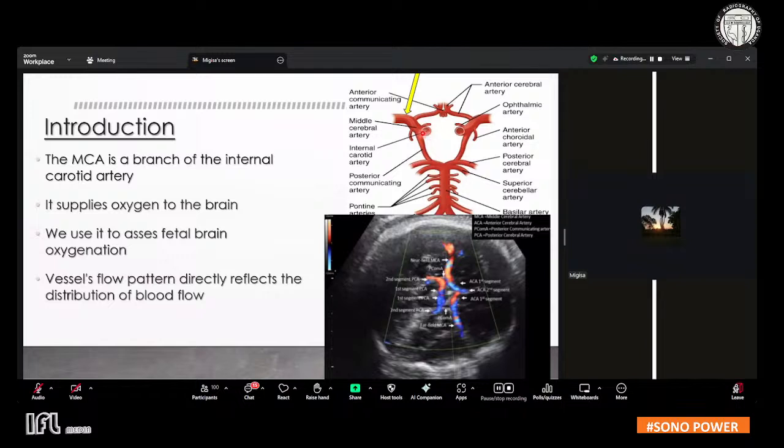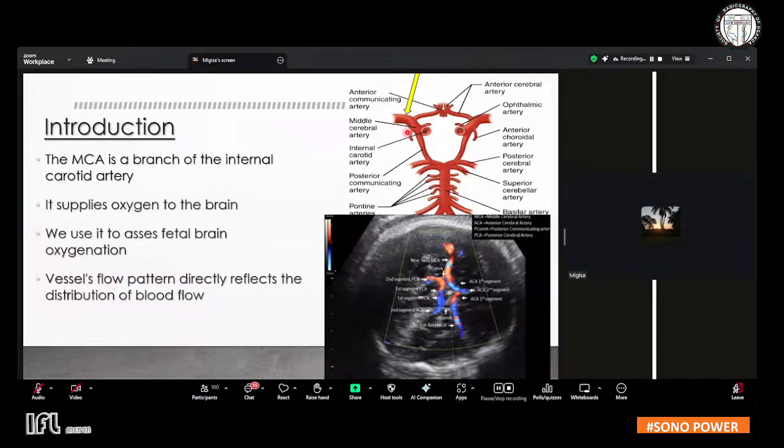So we have our internal carotid artery here. As it's joining the circle of Willis, it gives off the middle cerebral artery, as we can see here. And so this already tells us that when you're doing the middle cerebral artery in obstetrics, you have to point to the base of the skull.